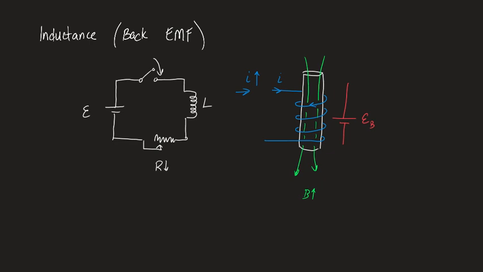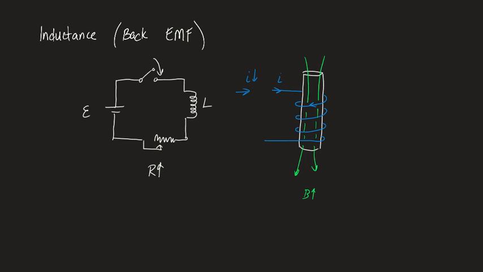Now, the reverse of this also happens. If I take my resistor here and I try and increase the resistance, what will that do to the current? It will decrease the current, or try to. So that will make the current go down.